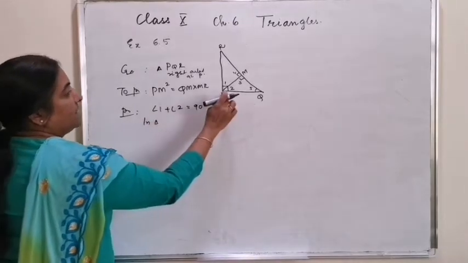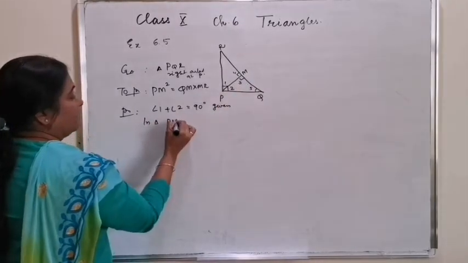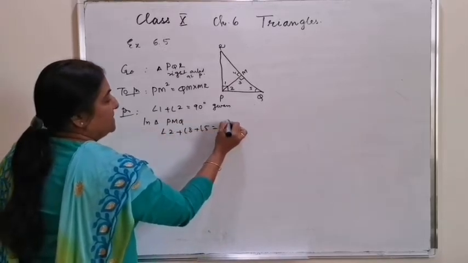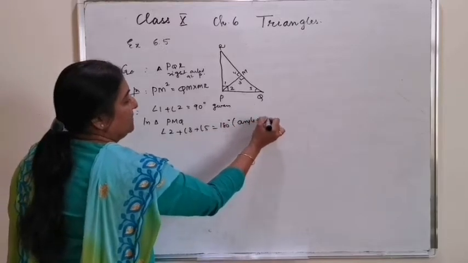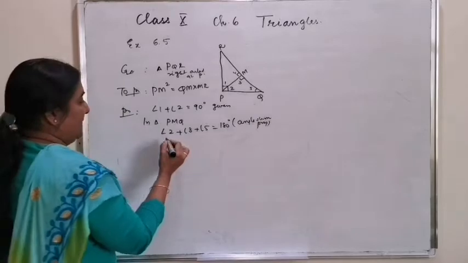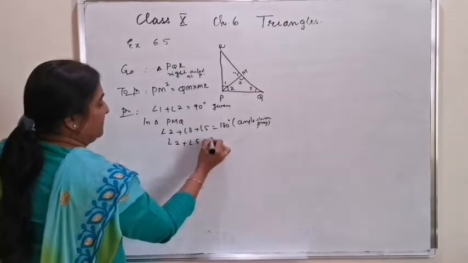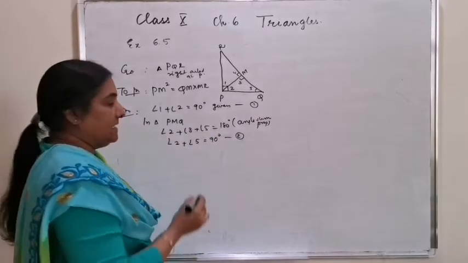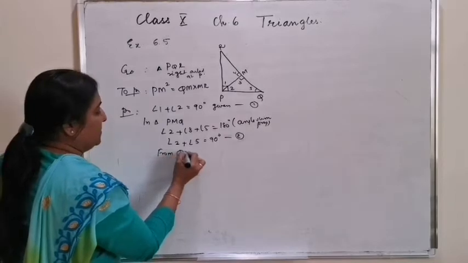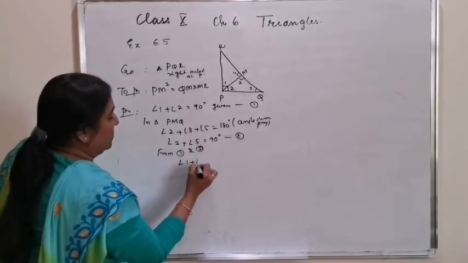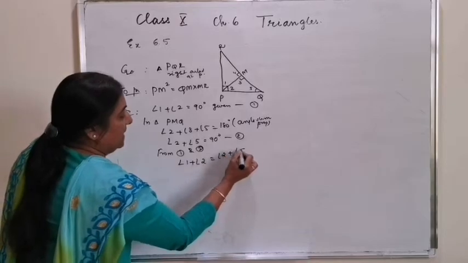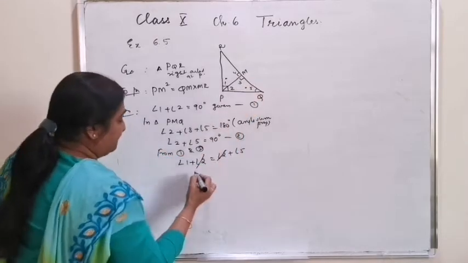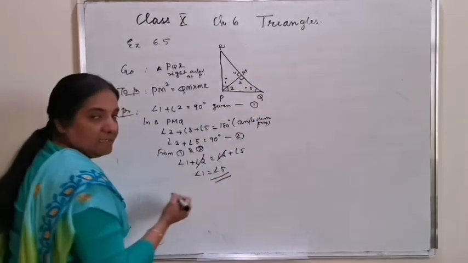In triangle PMQ, angle 2 plus angle 3 plus angle 5 is equal to 180, angle sum property, that is angle 2 plus angle 5 is equal to 90 degrees, since angle 3 is 90 degrees. From equations 1 and 2, angle 1 plus angle 2 is equal to angle 2 plus angle 5, or 1 corresponds with 5. Angle 1 is equal to angle 5.